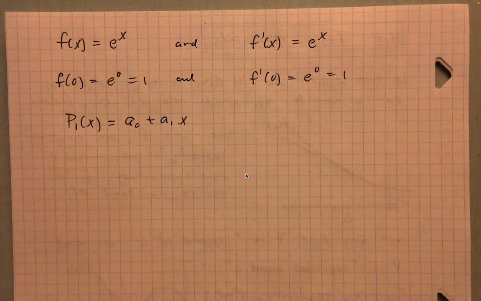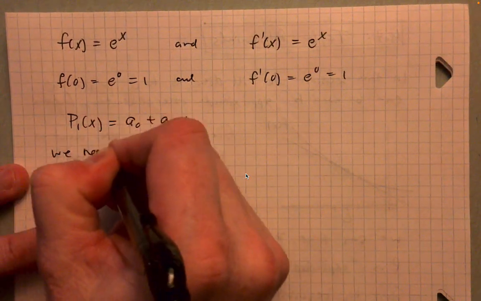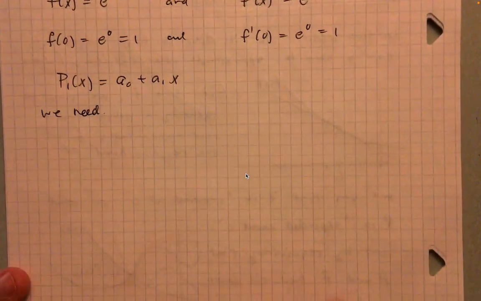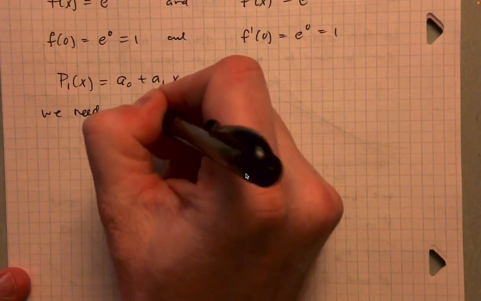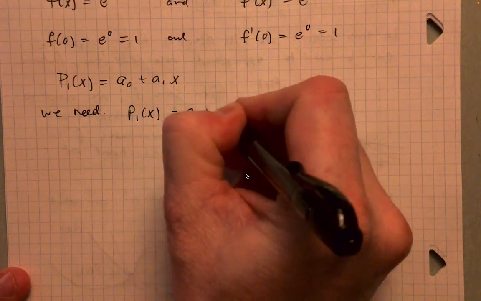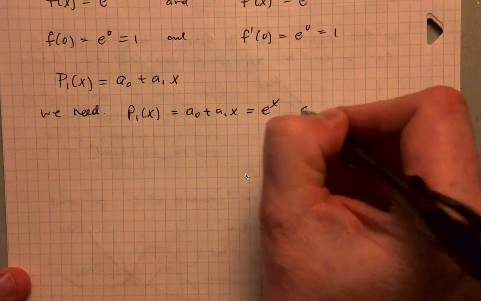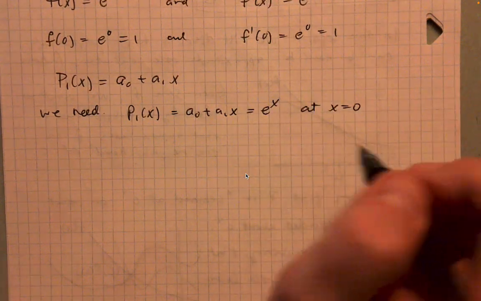We need P1 of x to equal e to the x at x equals 0.